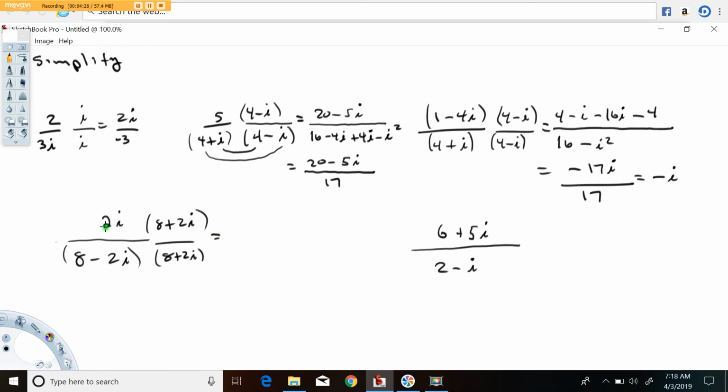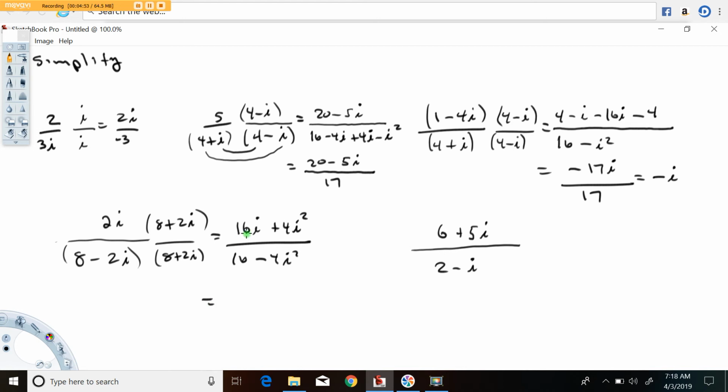All right, top, 16i plus 4i squared. Bottom, 16. And again, the outer is 16i, and the inner is minus 16i. They're going to add to 0. And that's why we did that. And then minus 4i squared.